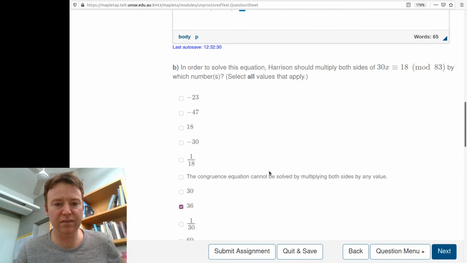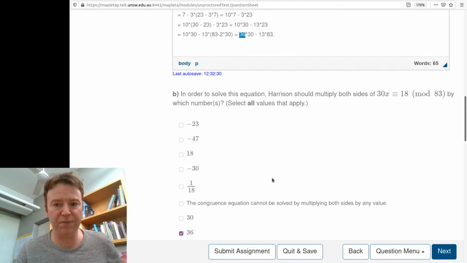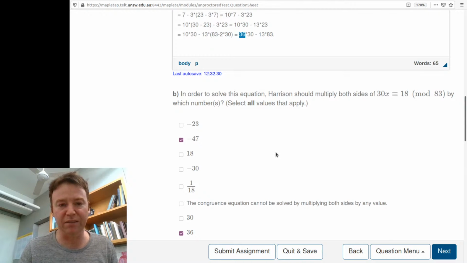Now, is 36 equal to something mod? I'm just concerned because they've got select all values that apply. In mod 83 land, 36 minus 83 is negative 47. That's also an inverse.